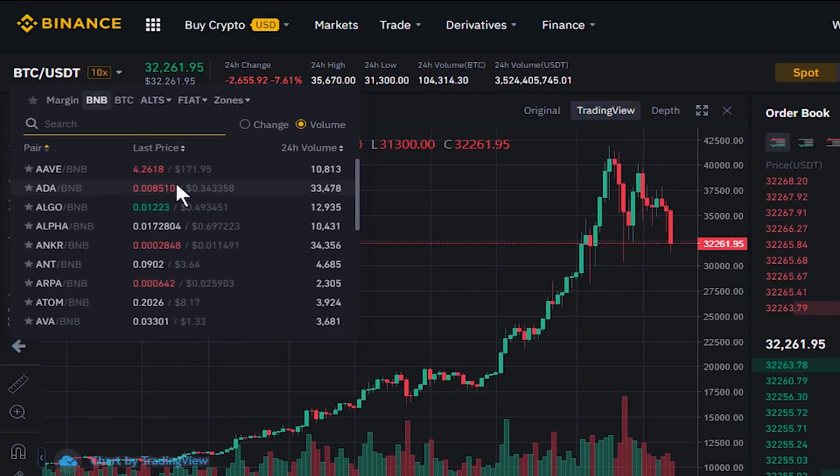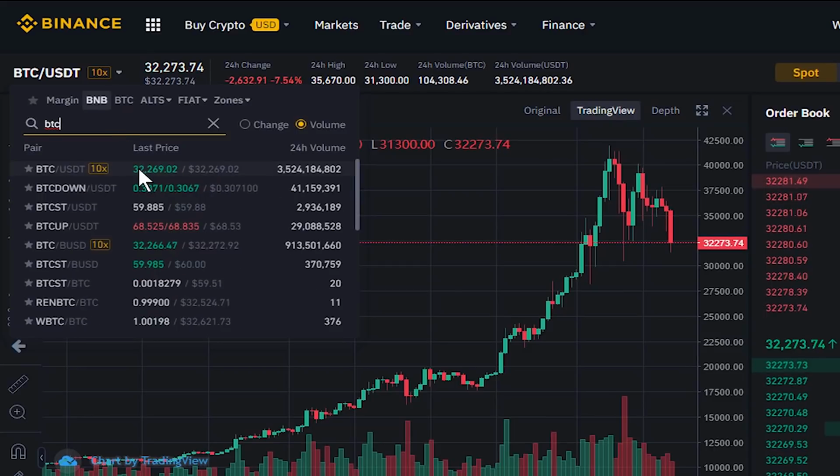For example, for Bitcoin, we search here BTC, and here, as you can see, for Bitcoin to Tether, BTC to USDT, we have a volume of more than $3 billion for the past 24 hours. But for BUSD, for example, here, as you can see, the 24 hours volume is something like $900 million.